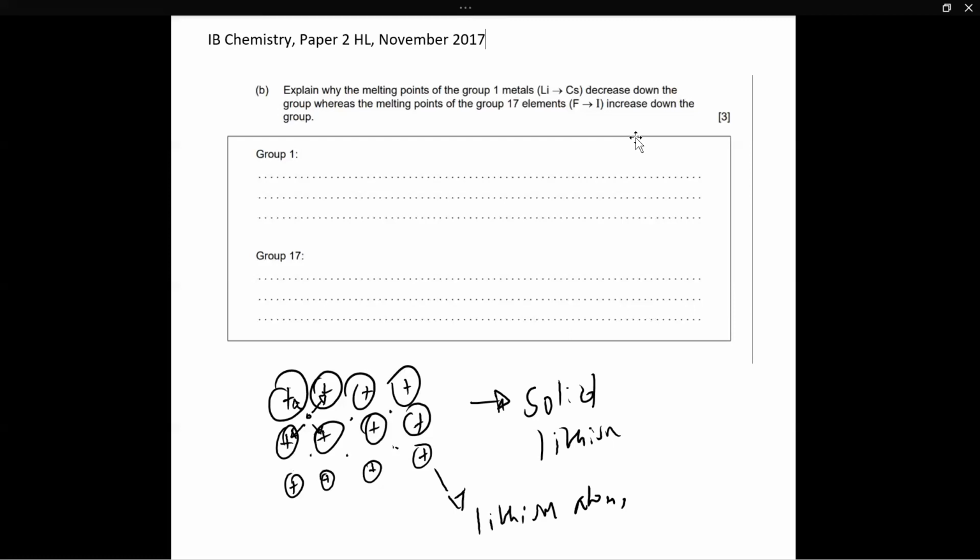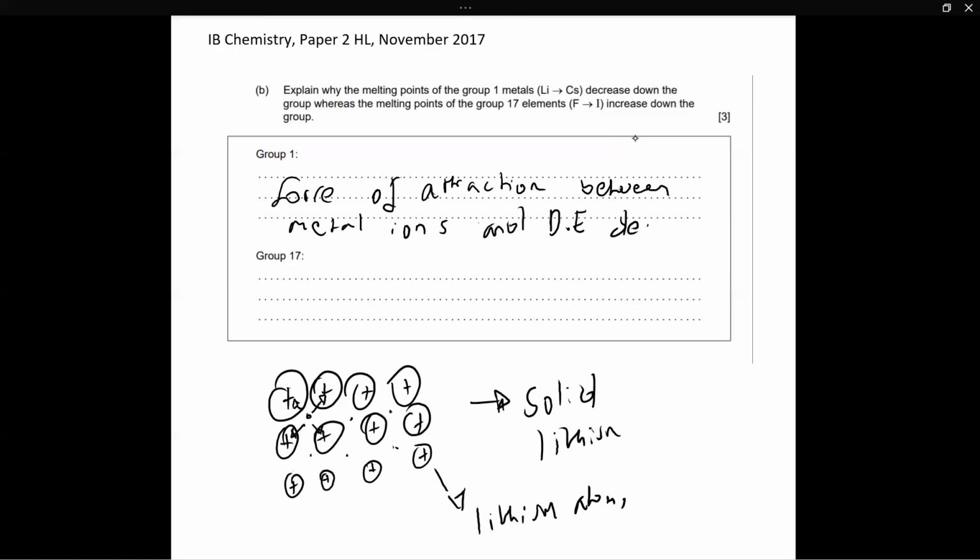You have to put a very concise statement, and you can say that the force of attraction between metal ions and delocalized electrons, I'm just going to call it DE, delocalized electrons, because I won't have enough space to write it, decreases.